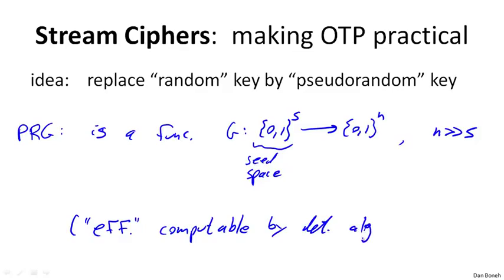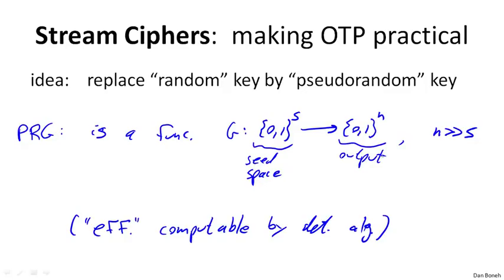It's important to understand that the function G itself has no more randomness in it. It's totally deterministic. The only thing that's random here is the random seed that's given as input to the function G. And the other property, of course, is that the output should look random. And the question is, what does it mean to look random? That's something that we'll define later on in the lecture.